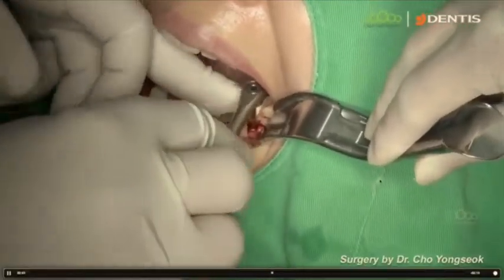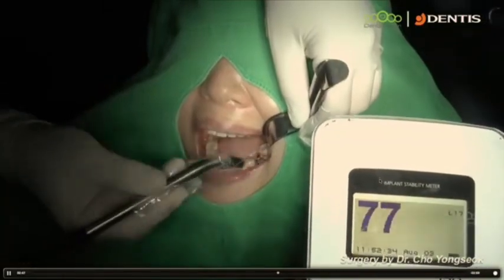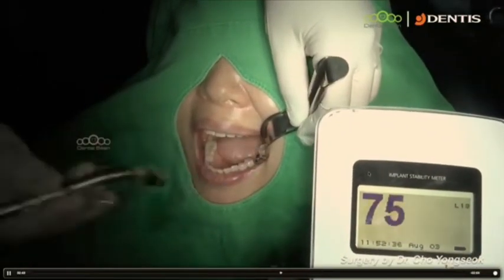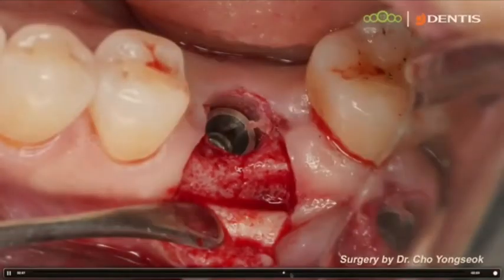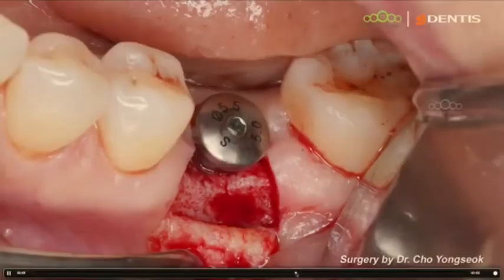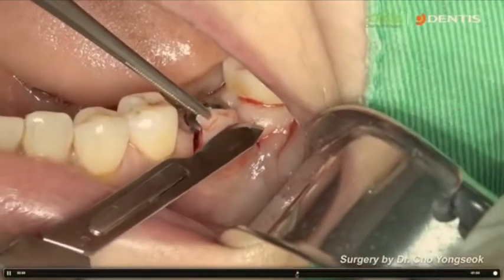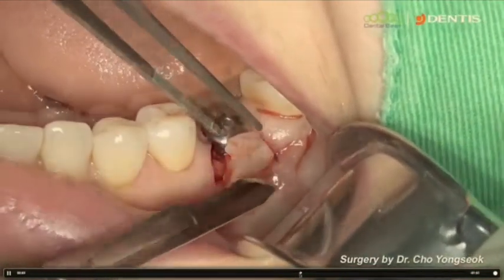Here, place the extra short implant, okay, and connect the healing abutment. And I tried the roll technique, CTG.